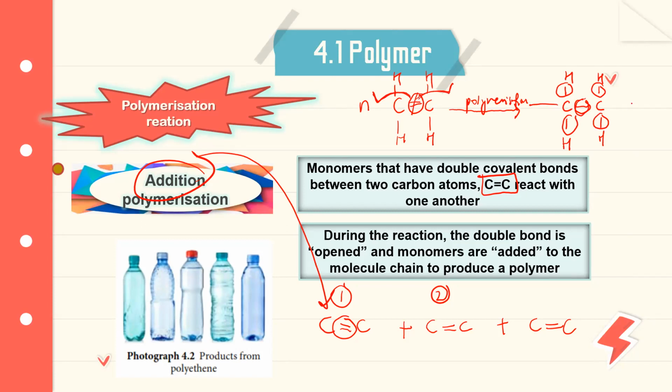I'm going to draw a line here. Now can you see right now, each carbon got 4 wives, 1 wife, 2 wives, 3 wives, 4 wives. I'm going to close here. Same thing, I've got 1 wife, 2 wives, 3 wives, 4 wives. I'm going to close here, and I'm going to put n. And this is what we call polymerization. Okay, if y'all can write it in your notebook or whatever you have in front of you, it'll be really good.